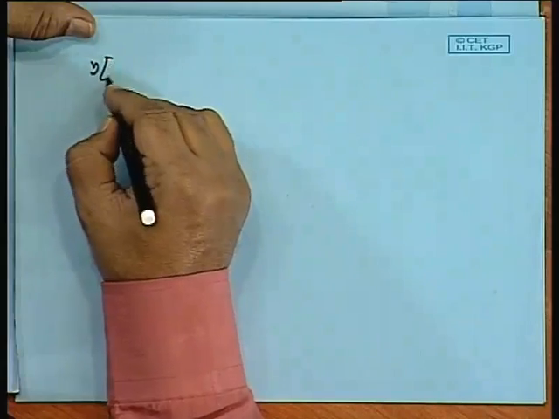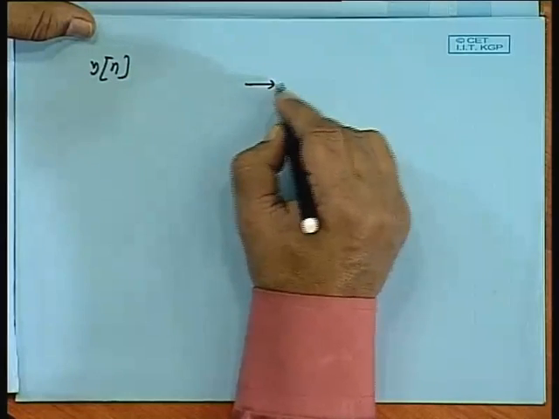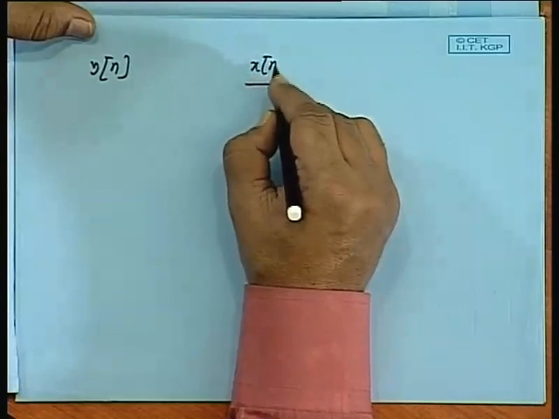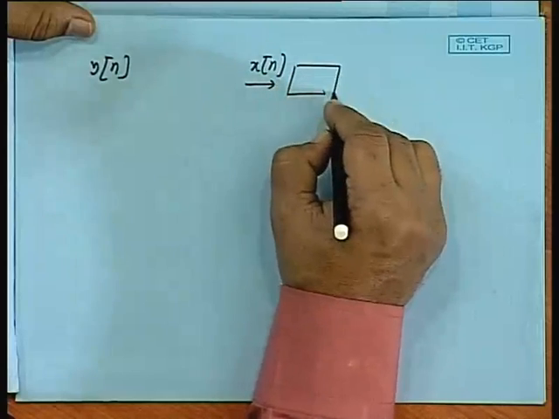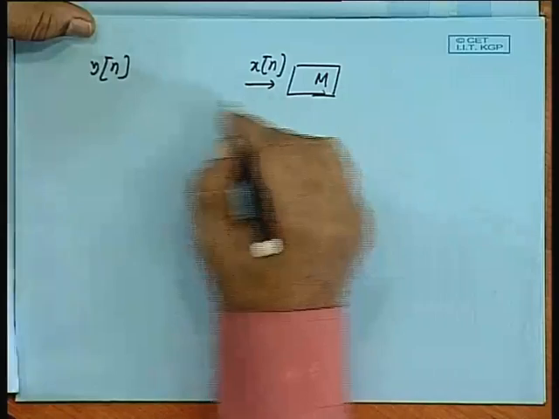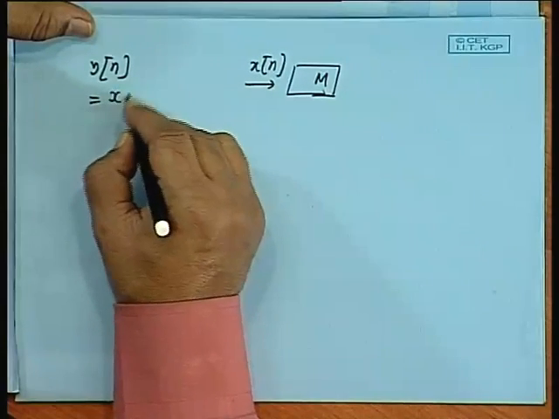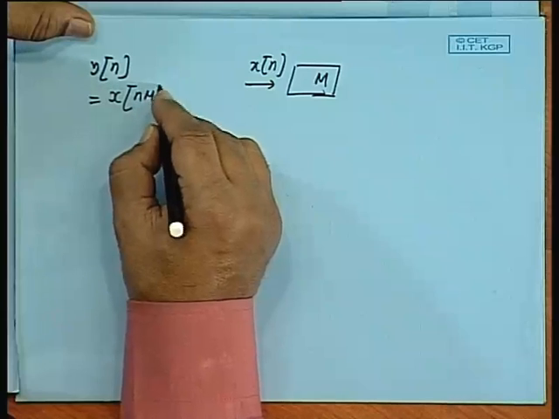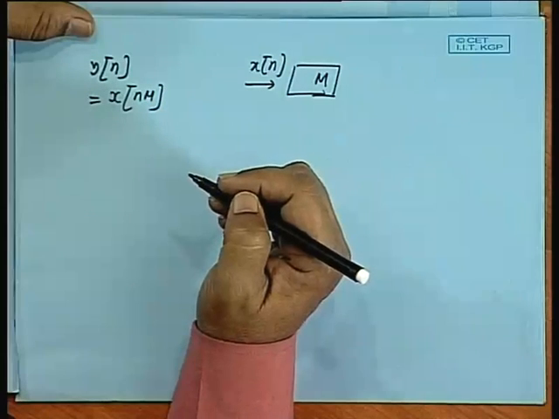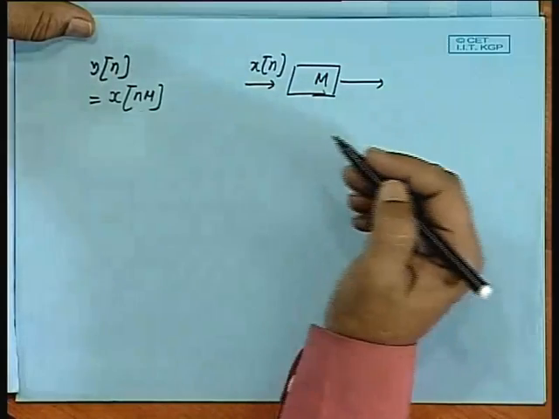So, for a compressor, if y[n] is the output of a compressor and x[n] is the input, and we are downsampling by M, it is x[nM], and the rest of the values are all 0.